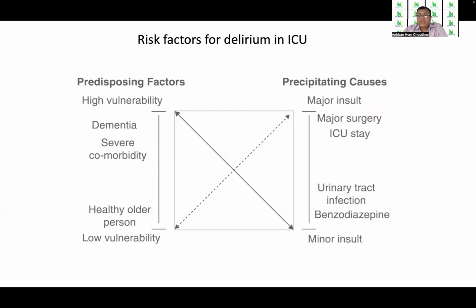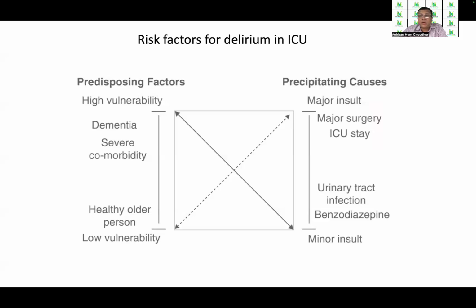So this needs to be understood because it will vary from patient to patient, and one patient may have certain high vulnerability factors in terms of predisposing factors, while low vulnerability in terms of precipitating causes, and yet manifest delirium, whereas someone having high vulnerability for precipitating causes and low vulnerability for predisposing factors may not manifest delirium.